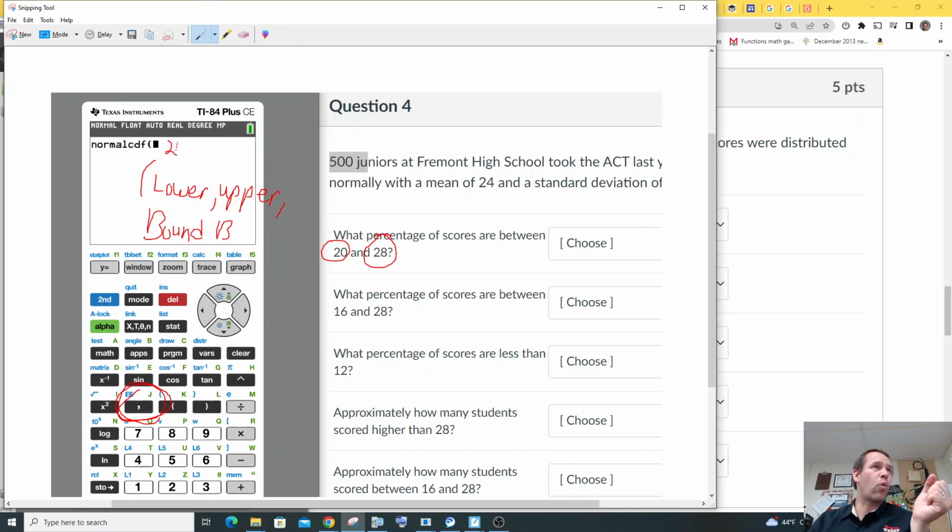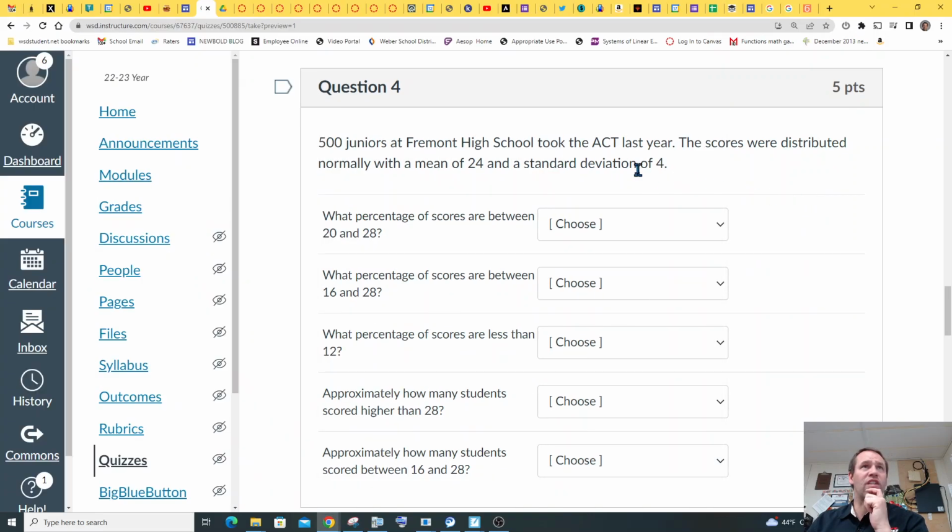So far we have 20, comma, 28, comma, and then what comes next is the mean. And last but not least is your standard deviation, which they gave us as 4. So it's 20, 28, 24, 4.